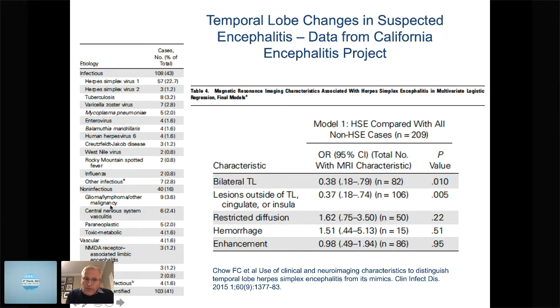But of course, there are non-infectious causes that can affect temporal lobes, such as gliomas, as well as down here, autoimmune causes. Is there anything in particular that points towards herpes simplex encephalitis more likely being the cause? Well, lesions outside the temporal lobe, cingulate or insula, are the only things that statistically hold true.